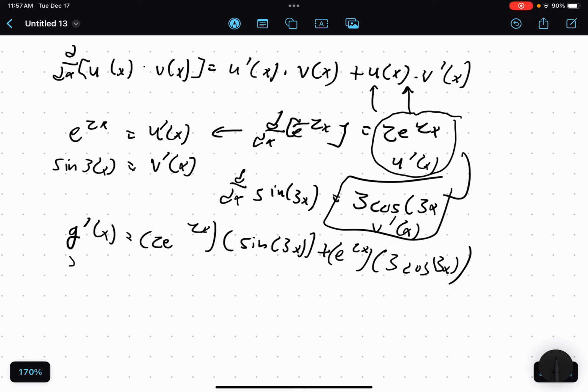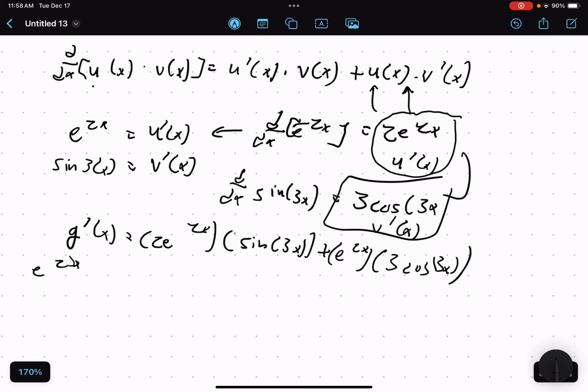And maybe you don't need to. Some teachers may not want you to, but to simplify, we're going to factor e to the 2x out. If you notice over here, it says 2e to the 2x sine 3x.